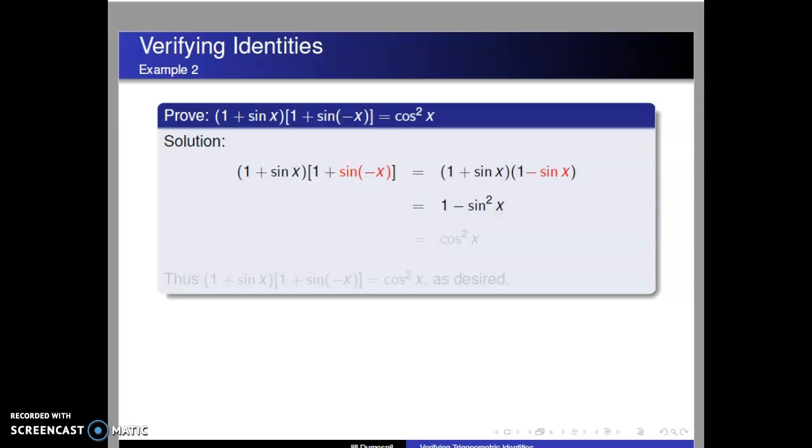Then we can expand the product using the difference of squares property. And finally use the Pythagorean identity to rewrite 1 minus sine squared theta as cosine squared theta. Therefore, we have again established the desired identity.